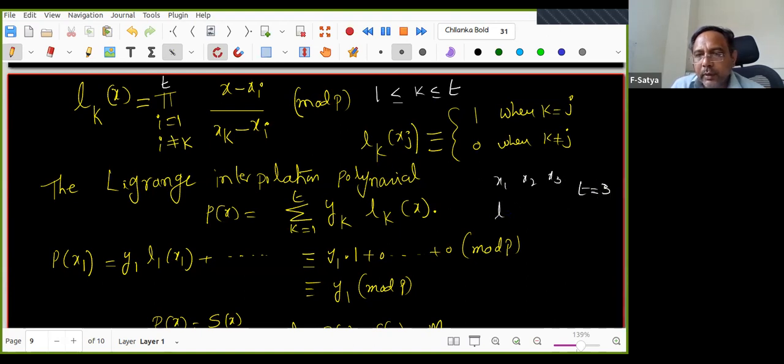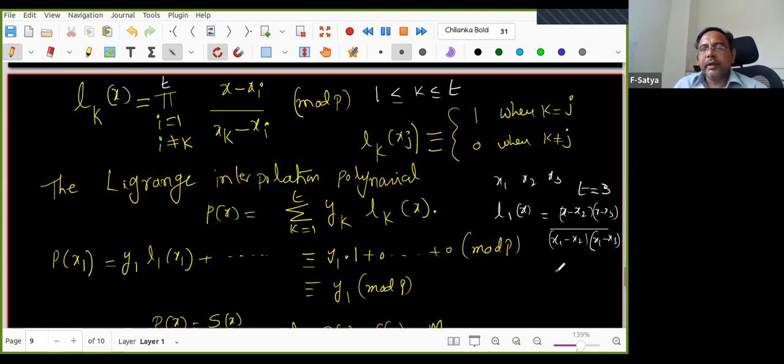Now L1 of x equal to x minus x2 into x minus x3 by x1 minus x2 into x1 minus x3, right? Now what is L1 of x1? Here also x1 minus x2 into x1 minus x3, so it becomes 1.